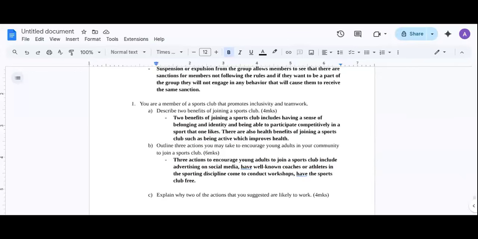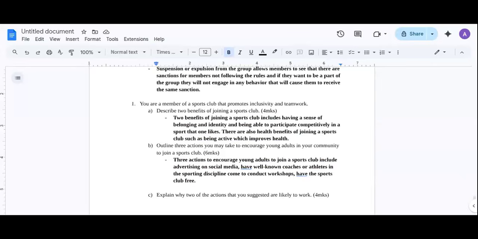And explain why two of the suggestions will most likely be successful. Sorry. I want you to use the ones that I have there and tell me why two of the actions are likely to be successful.